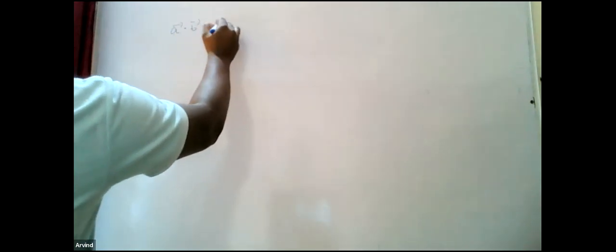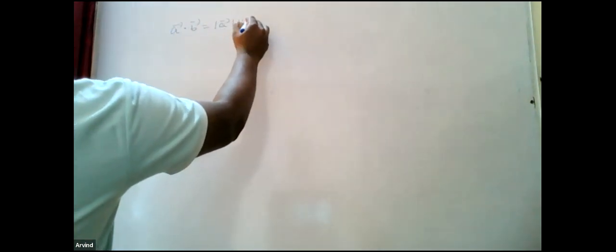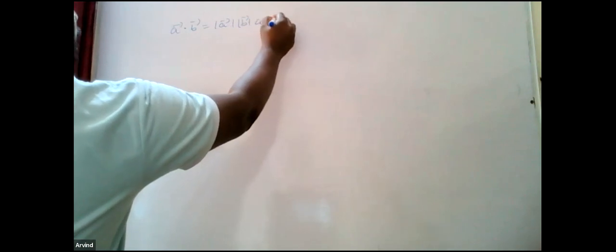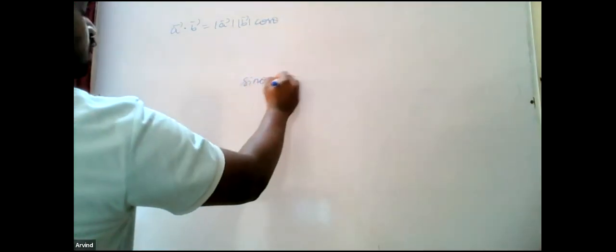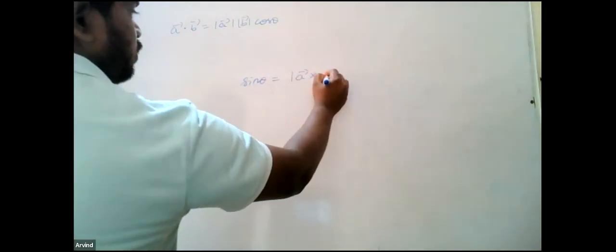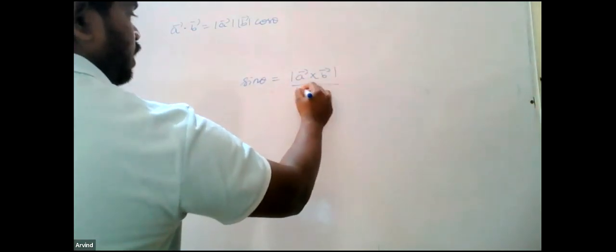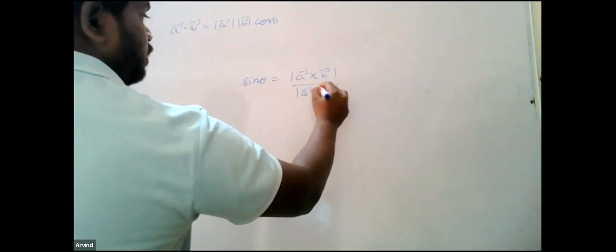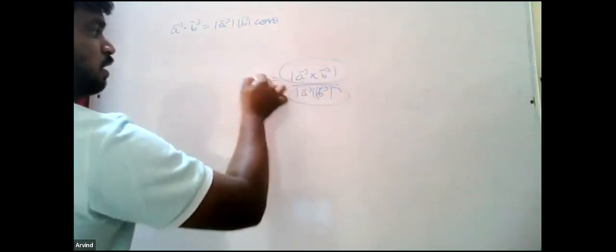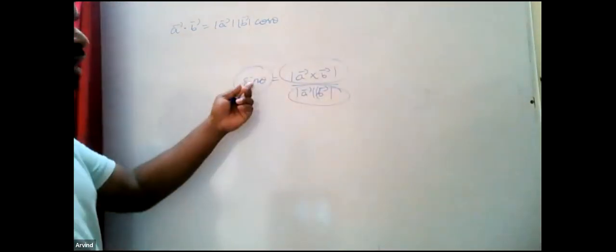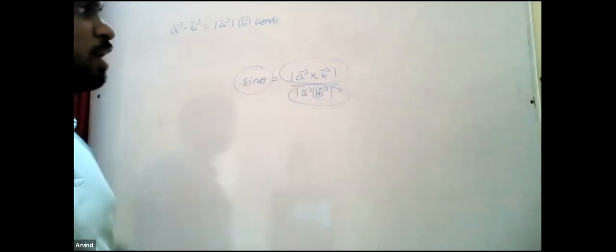You know that a dot b is equal to mod a mod b cos theta, isn't it? And we also know this formula, sin theta is equal to mod of a cross b over mod a mod b. So what you have to do is find this value, you already know this, and if you find it you will get it. Once you find sin theta, you multiply these two things, you'll get the answer.